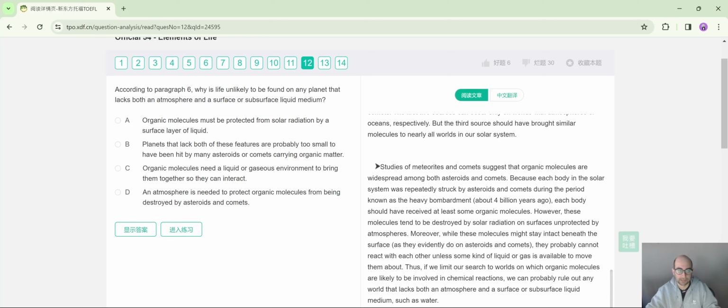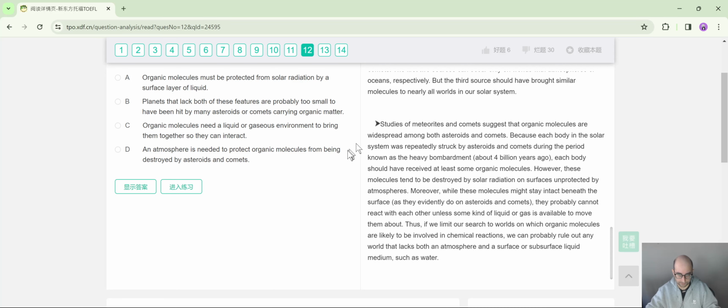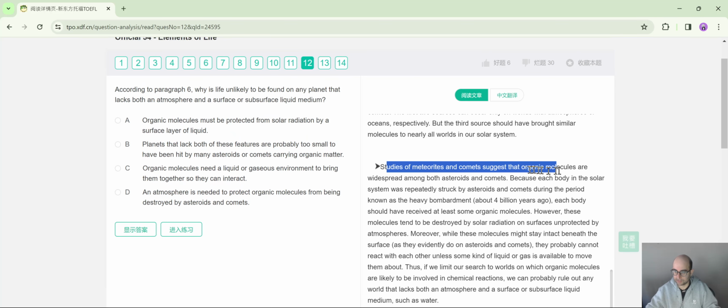Okay, let's see. So why is life unlikely to be found on any planet that doesn't meet these conditions, that are missing these things? So studies of meteorites and comets suggest that organic molecules are widespread among both. Okay, that doesn't tell me why. Because each body was repeatedly struck by asteroids and comets during. I have a because here, but this is not really mentioning any of those keywords, so be careful.